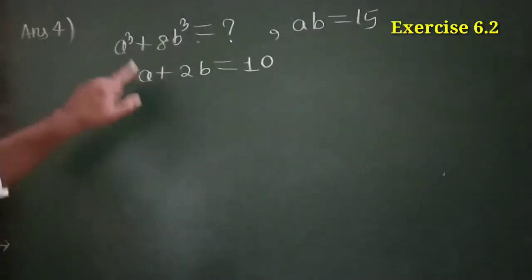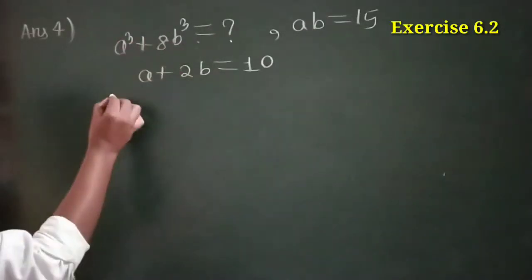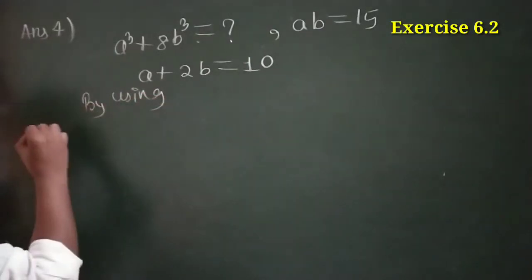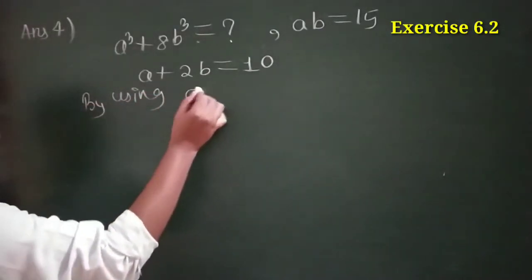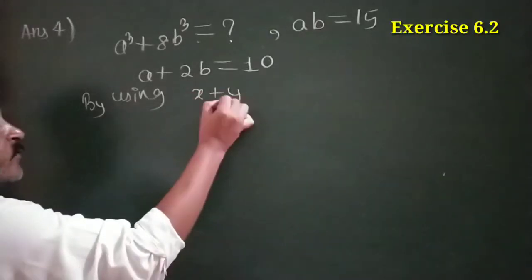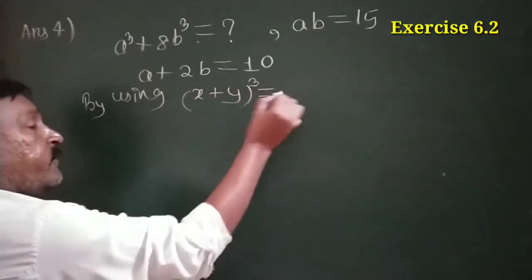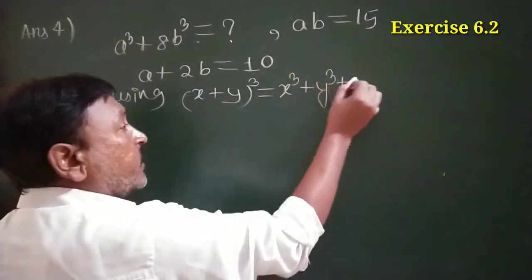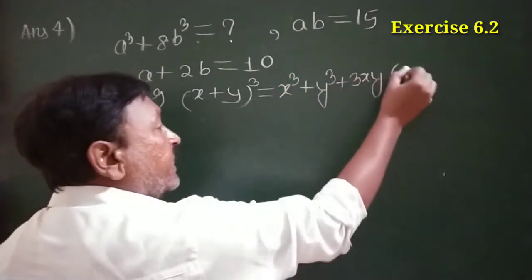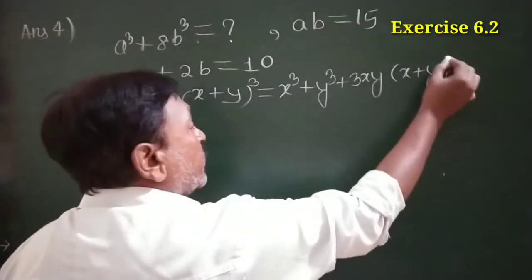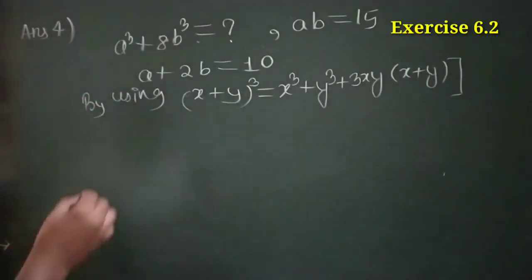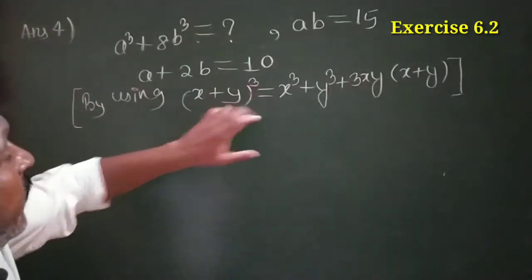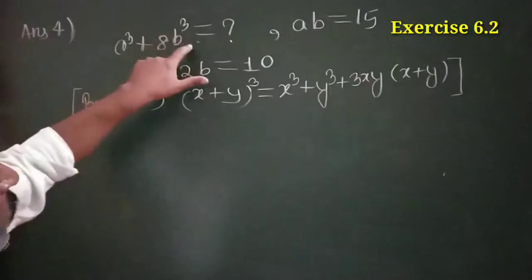Okay, since we have to find out cube, so we will use the identity (x plus y) whole cube, which means a cube plus b cube plus 3ab in bracket a plus b. So we will solve this question with the help of this identity, (x plus y) whole cube. Why? Because we have to find out the values in cube.